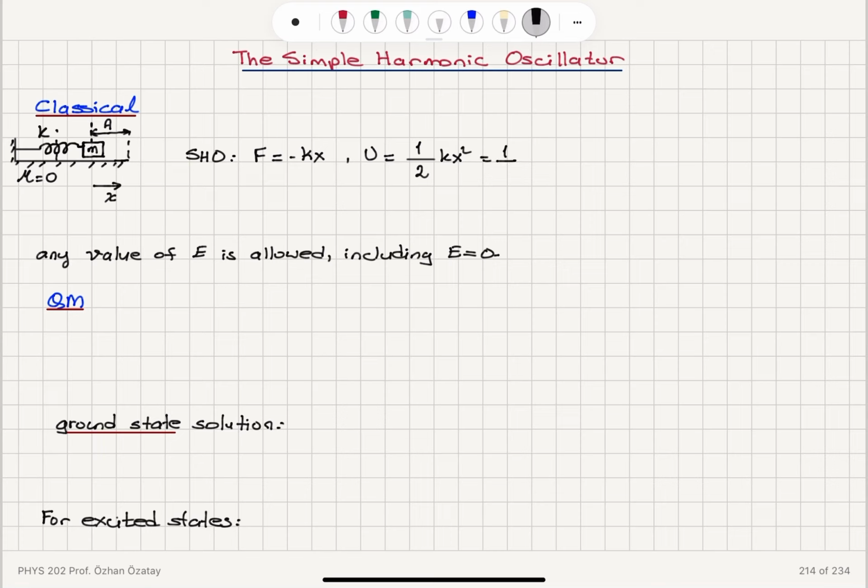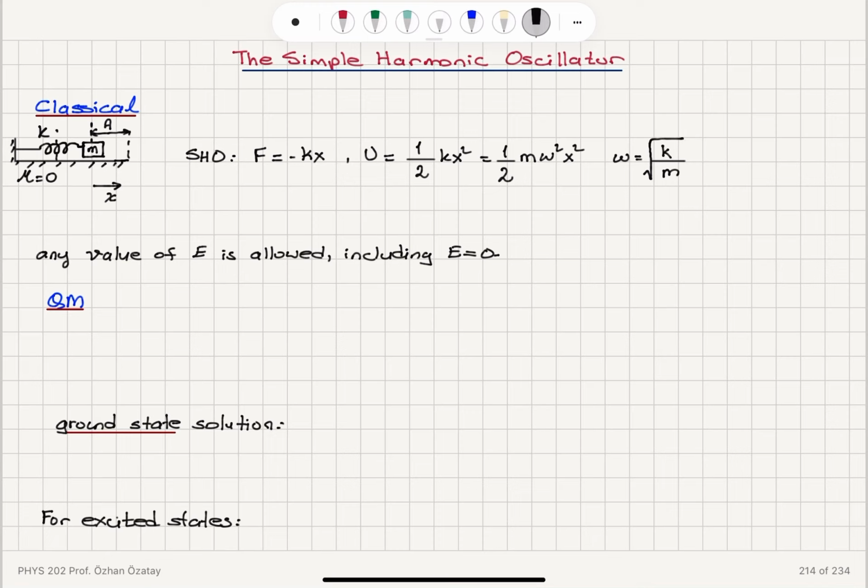which is equal to 1/2 m omega squared x squared. Omega is the angular frequency of the oscillations, and it is the square root of k over m, k divided by the mass.